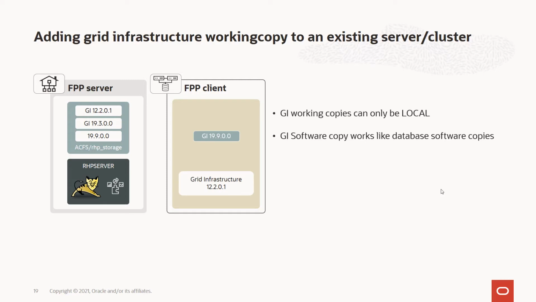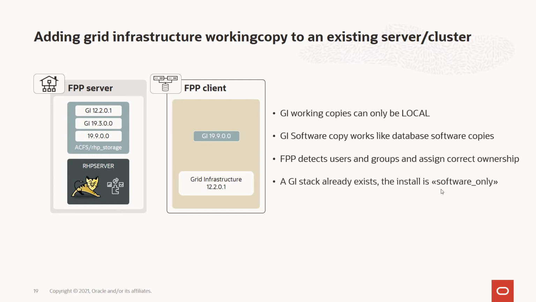This is because the RHP server, the FPP server, detects there is already a grid infrastructure installed, and then it configures it as software only. Of course, FPP checks if the ownership is the same, and eventually corrects the ownership of the binaries to match the binaries of the already configured grid infrastructure that we have there.